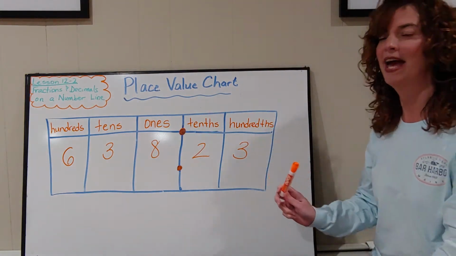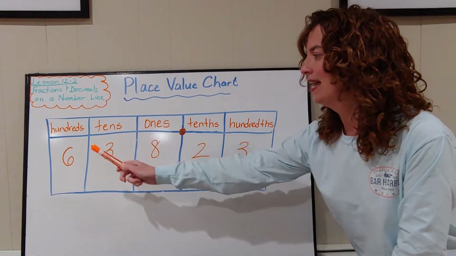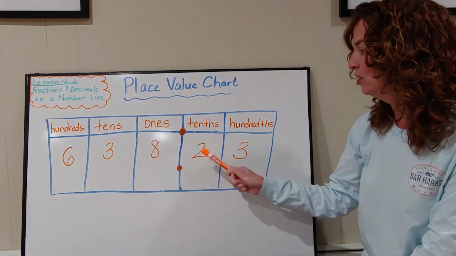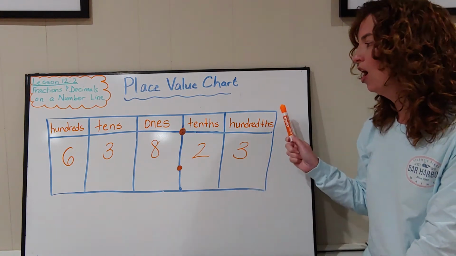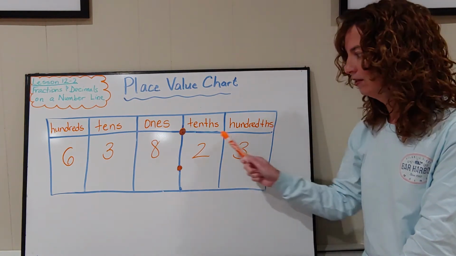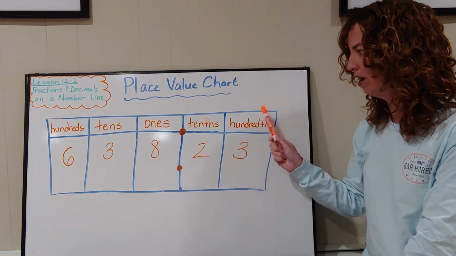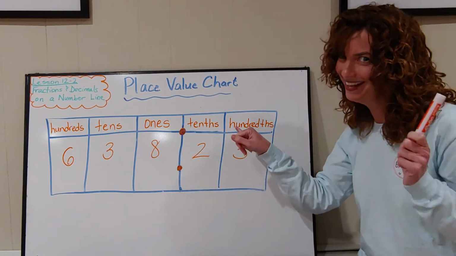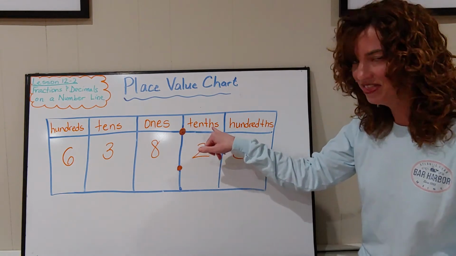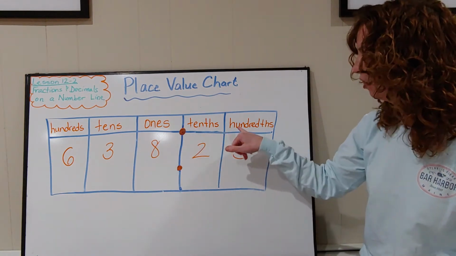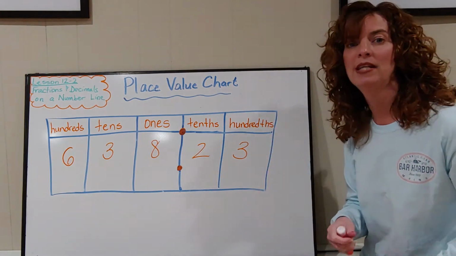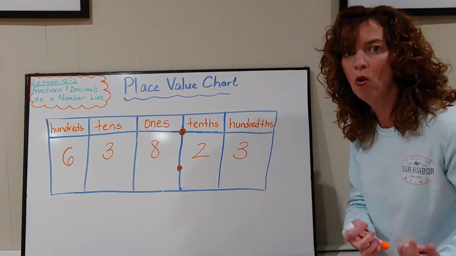I have a new number today, so let's see if we can say this. 638 and 23 hundredths. So it's and 23 hundredths. Now remember, we have our new columns, exciting. We have our tenths column and we have our hundredths column. Now guess how many tenths are in one whole?